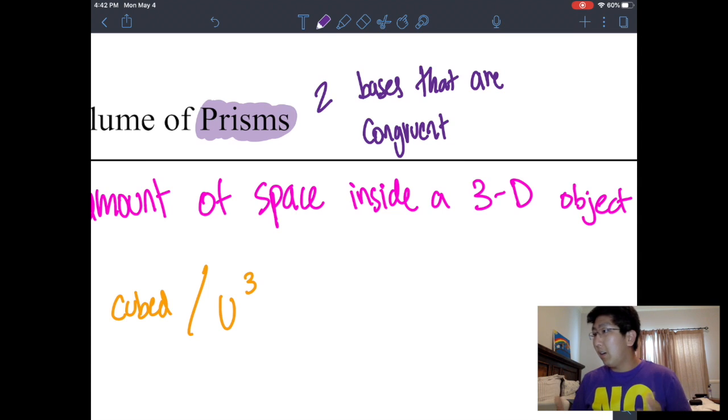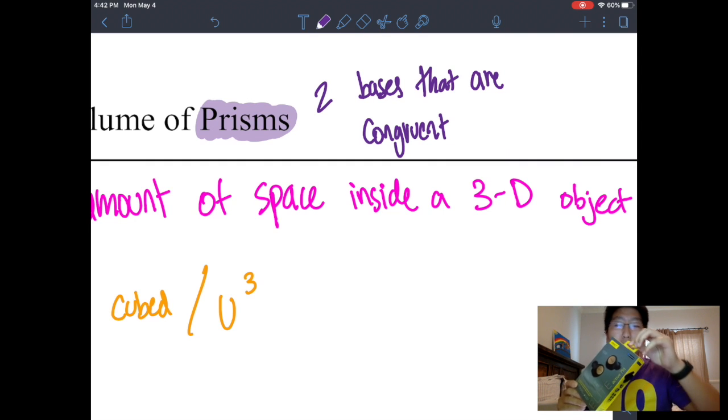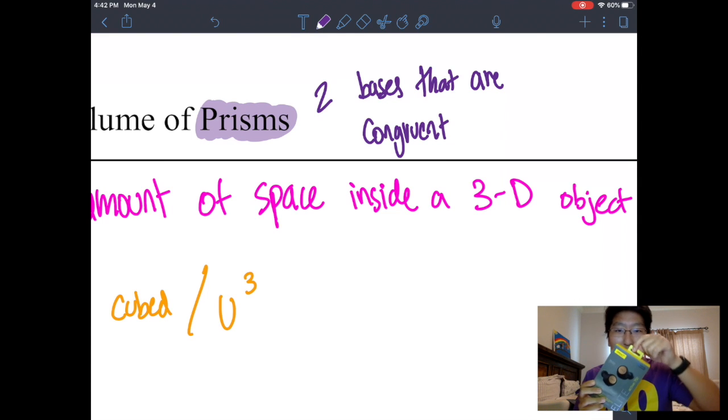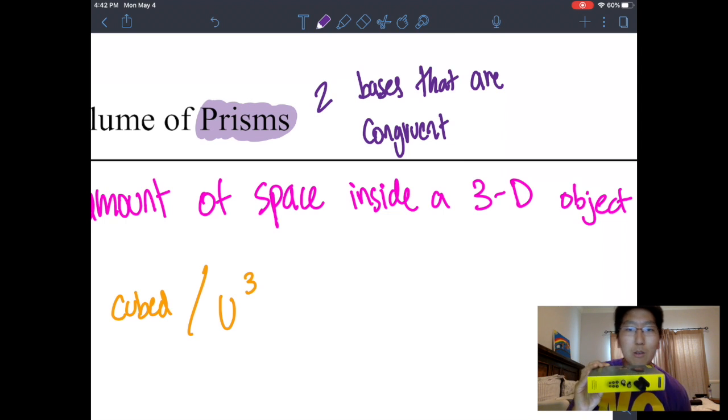Okay, so let me grab, I just bought these headphones. Imagine that this part's not here. So this shape right here, are the bases congruent?